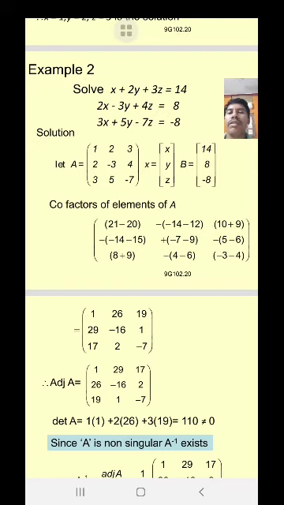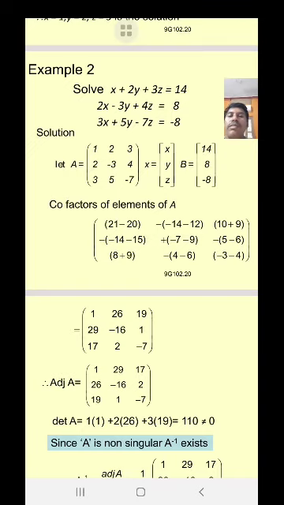Now come to the second row, minus. The element above is positive, so the one below is negative. So minus, minus 14 minus 15, and the next element is positive, so its minor is minus 7 minus 9, and for the element 4, it's minus, and its minor is 5 minus 6.